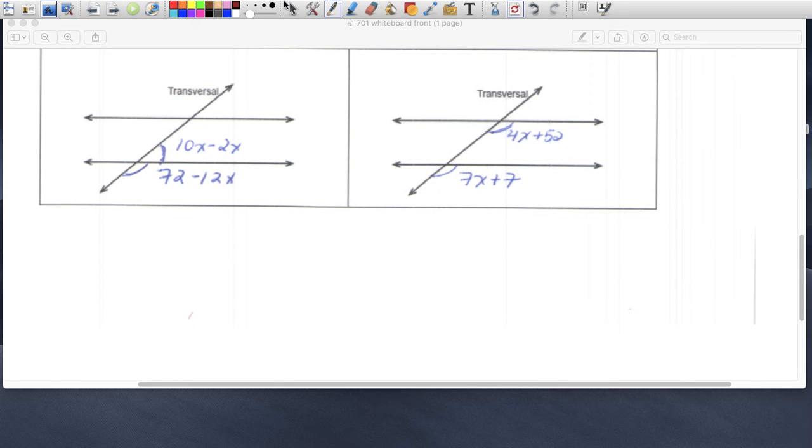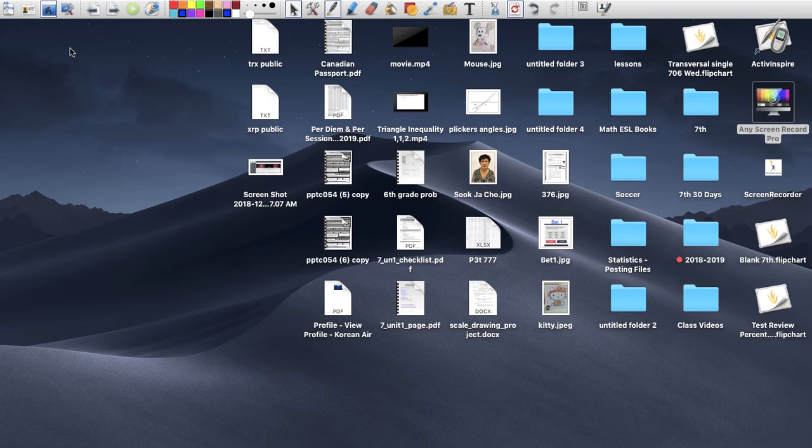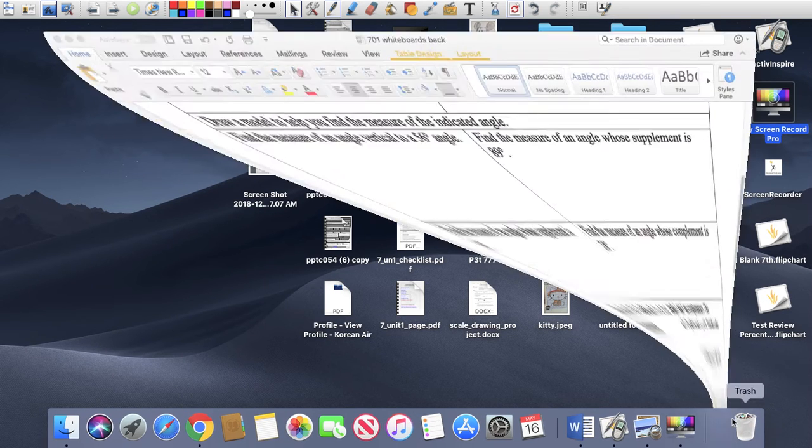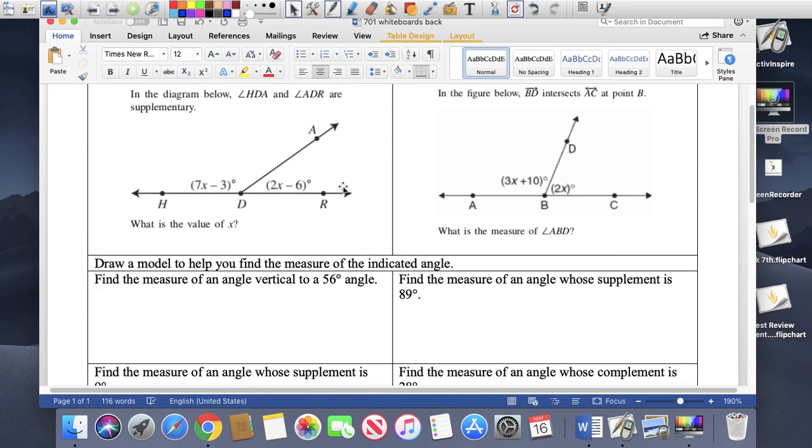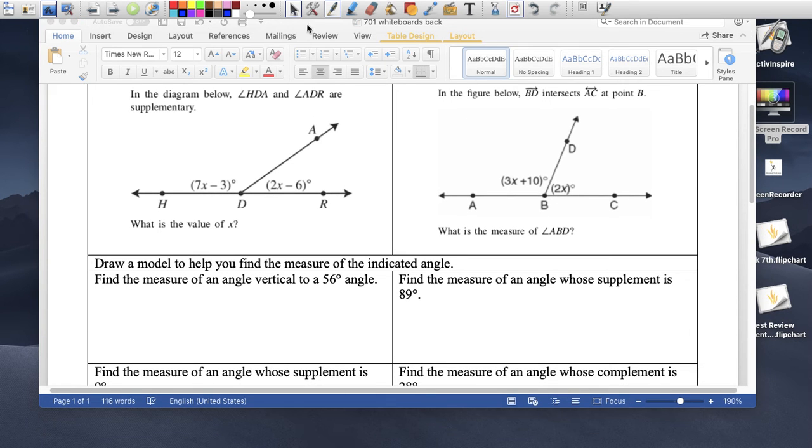Let me look for the other sheet, which is the back side of what you have. So it says, let's go to the top. These are supplementary, right? So this plus this equals 180. So again, it's pretty easy, right? 7x minus 3 plus 2x minus 6 equals 180. 7x plus 2x is 9x. Negative 3 and negative 6 is negative 9, equals 180, plus 9, plus 9.